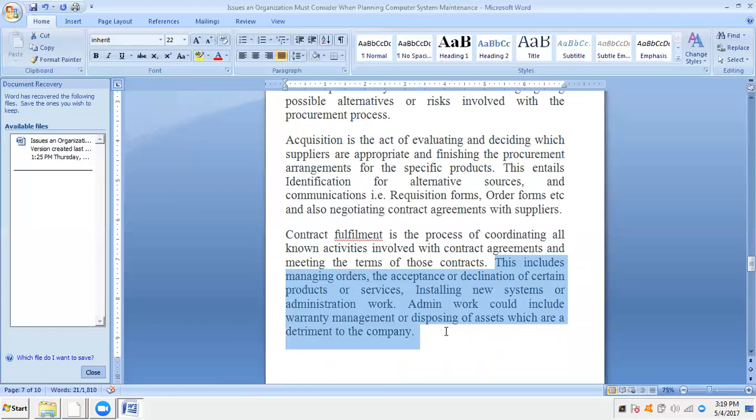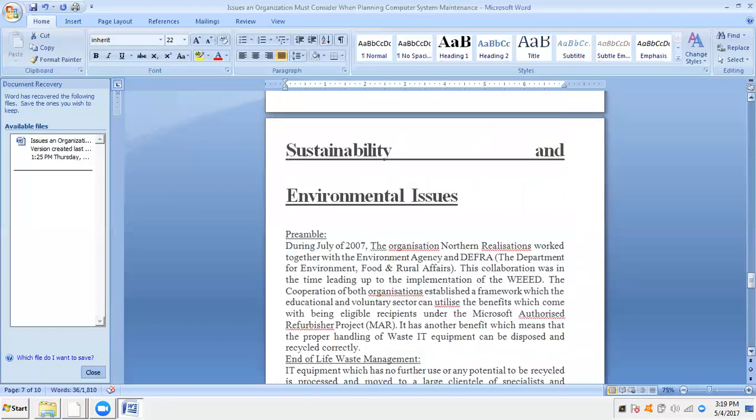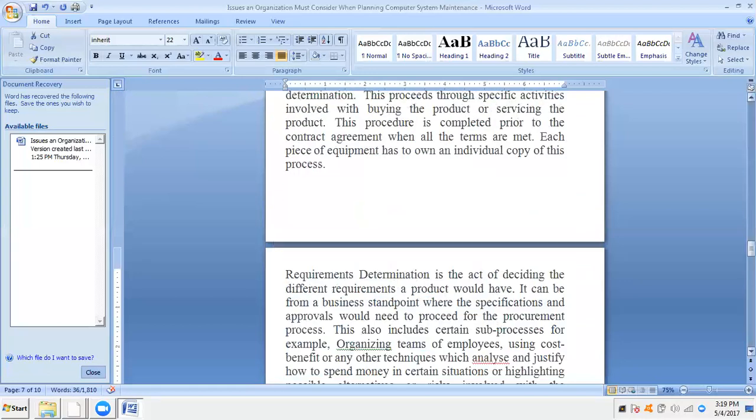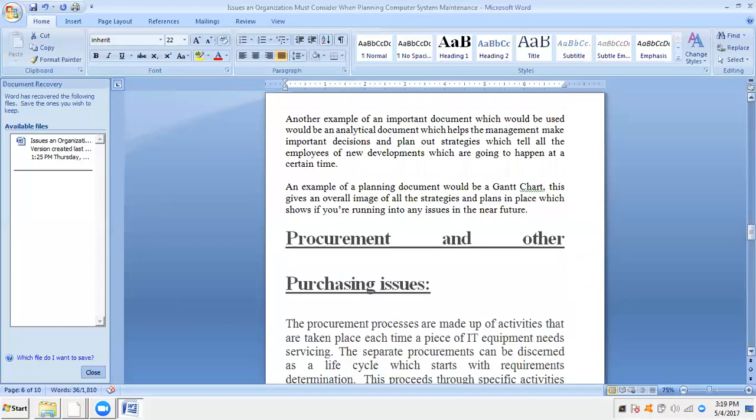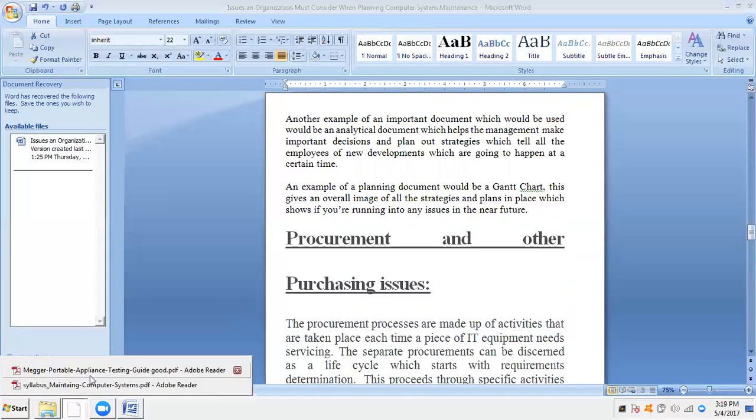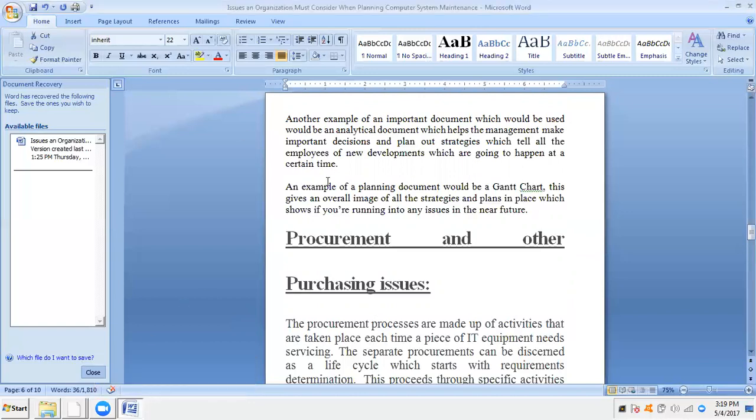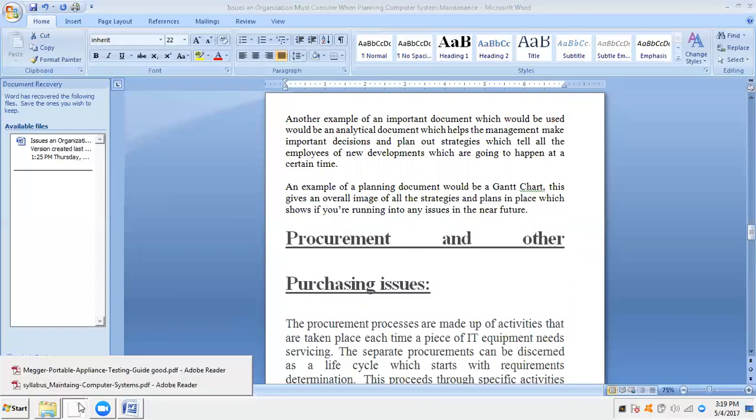Admin work could include warranty management or disposing of assets which are a detriment to the company. So these are the procurement issues. Whenever we are buying some new computing equipment, we should take care of all these issues. Now we'll see what the next topic is.